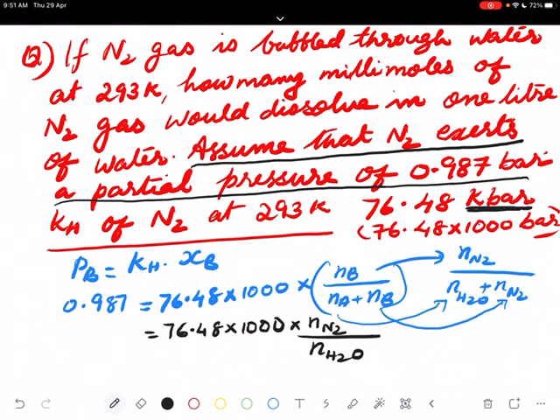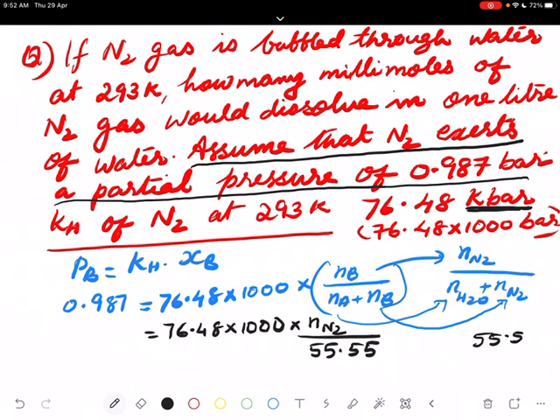What is N of H2O? 1 liter of water. Last year we learned the number of moles present in 1 liter of water is 55.5. So I'm replacing that down portion by 55.55.